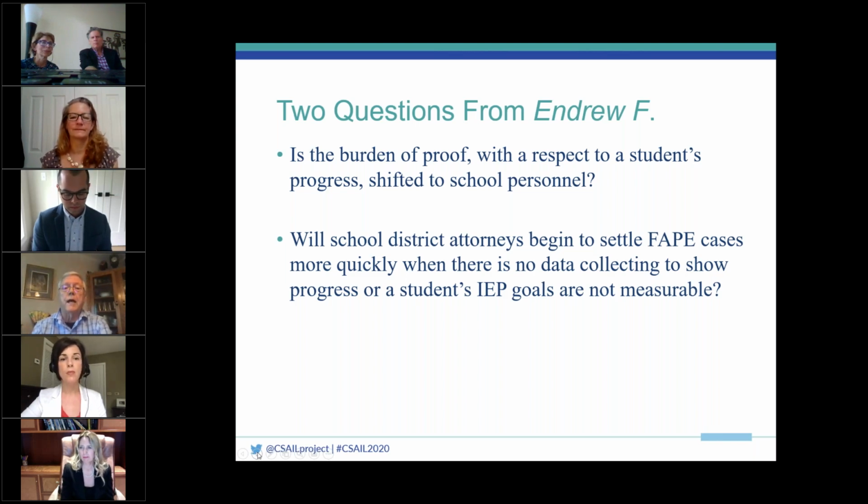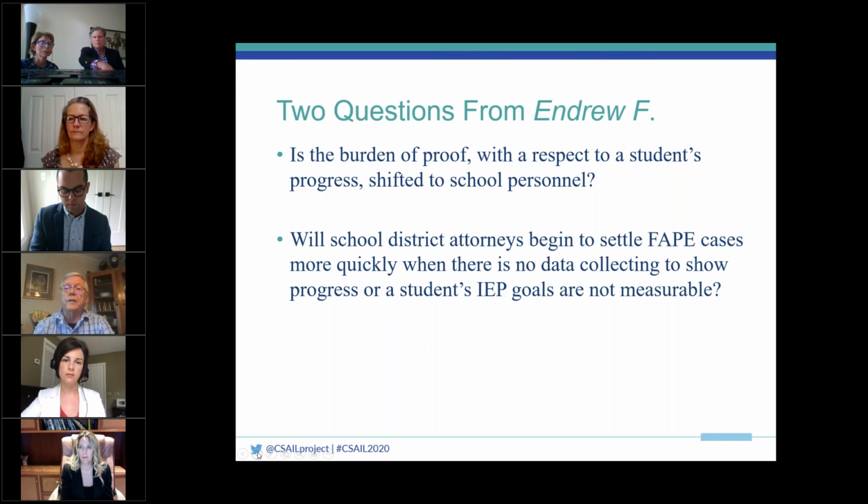Okay, the next issue is the burden of proof with respect to a student's progress shifting to school personnel, because usually the burden of proof is on a party bringing the lawsuit. So if a parent brings a hearing or goes to a court, the burden of proof will be on them.